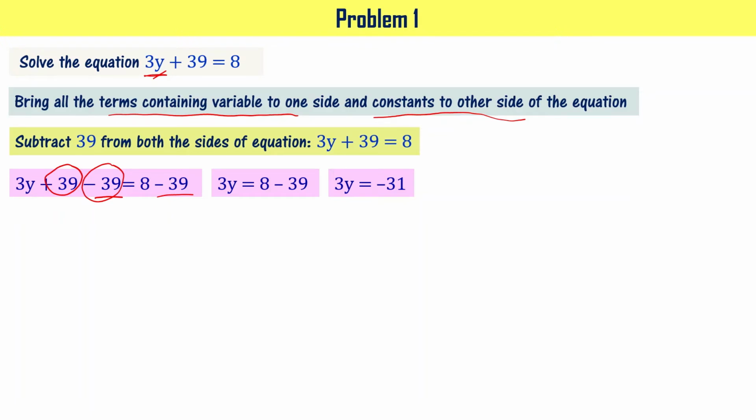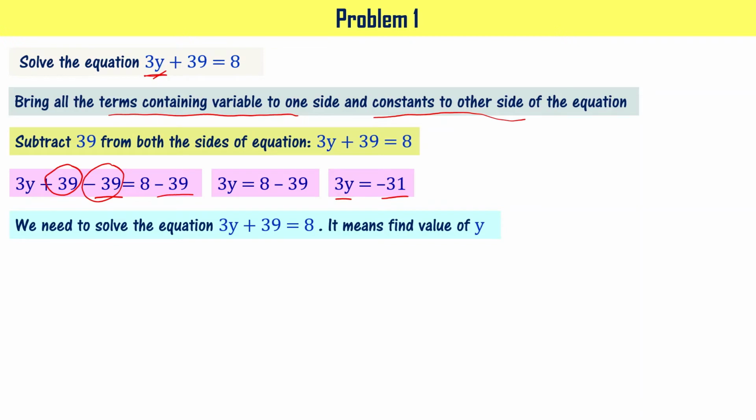Now if you see here, you have 3y equal to minus 31. When I'm asked to solve this particular equation, 3y plus 39 equal to 8, it means we have to find the value of y. Whereas here we have the value of 3y that is equal to minus 31, right?